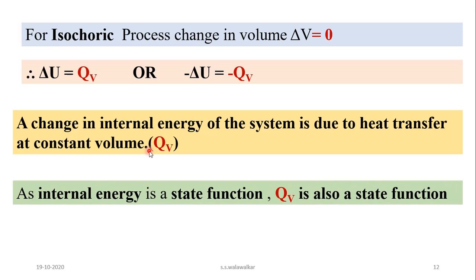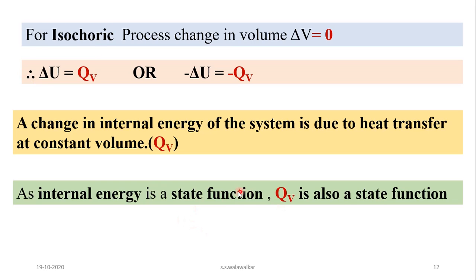And as internal energy is a state function, QV is also a state function, because delta U is equal to QV. Change in internal energy is a state function, and therefore heat supplied or absorbed at constant volume is a state function.